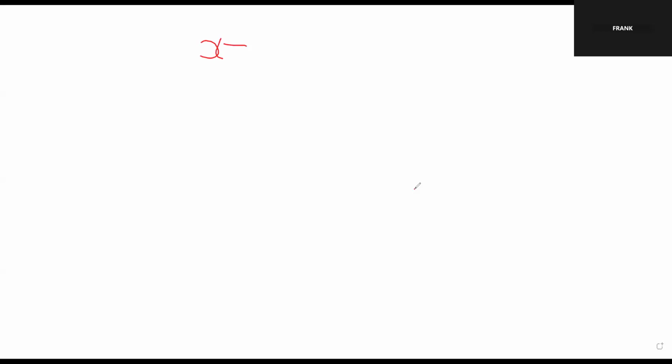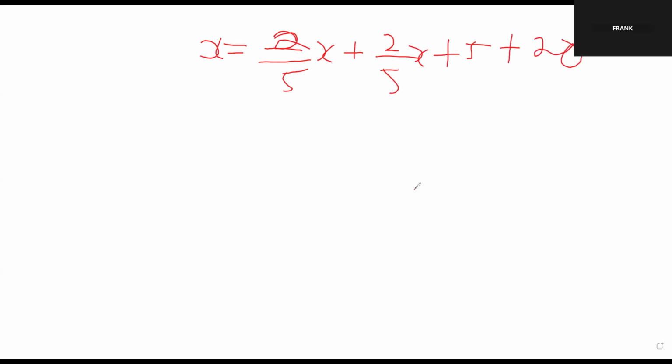So X, which is the first child, 2 out of 5X. Second child, 2 out of 5X plus 5. And the third child, 20. Simplifying this, if you add up that 2, you have 4/5 X plus 25. And I can multiply through by the LCM 5.